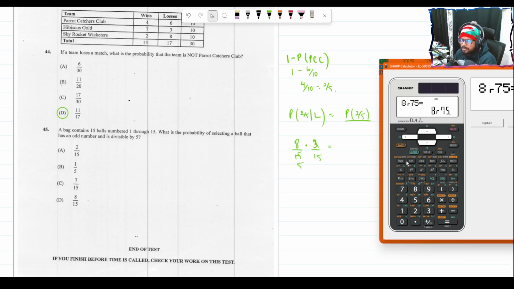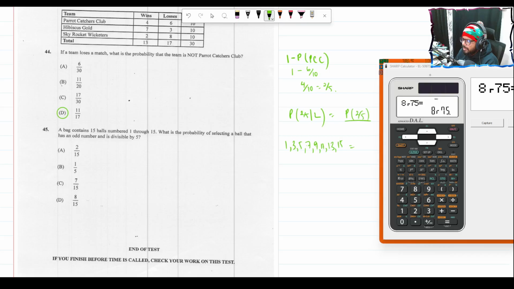Let me check back again, right? Odd numbers 1 through 15. So I have 1, 3, 5, 7, 9, 11, 13, and 15. 1, 2, 3, 4, 5, 6, 7, 8.